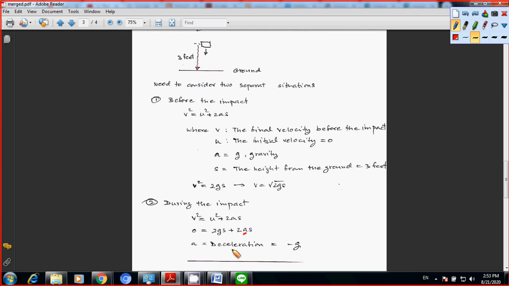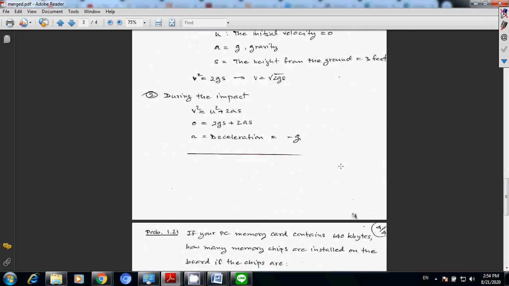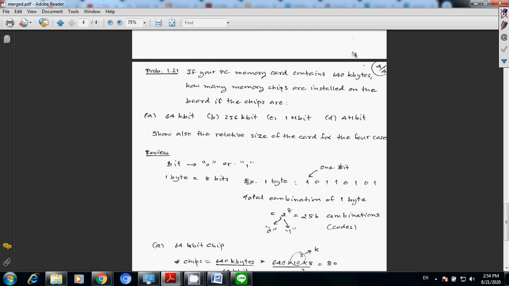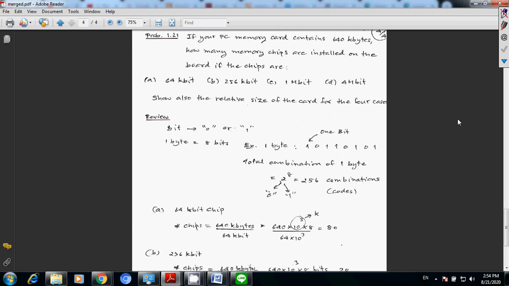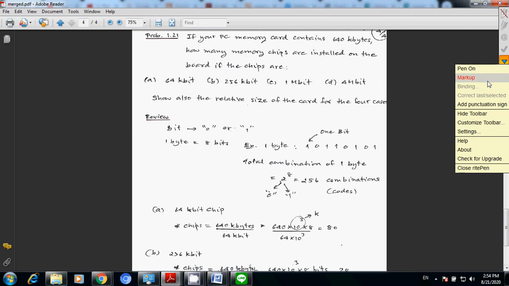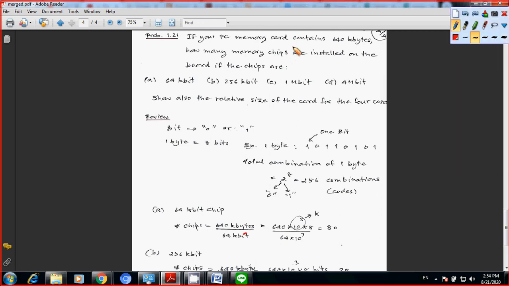Okay, the last page. Problem 2.21. If your PC memory card contains 640 kilobytes, how many memory chips are installed on the board? If the chips are 64 kbit, 256 kbits, 1 megabit, 4 megabit.